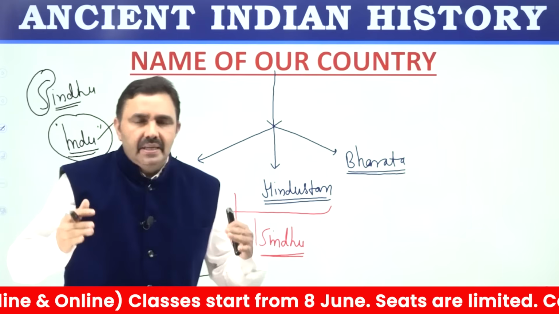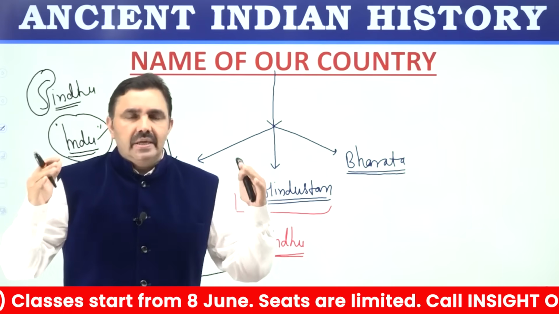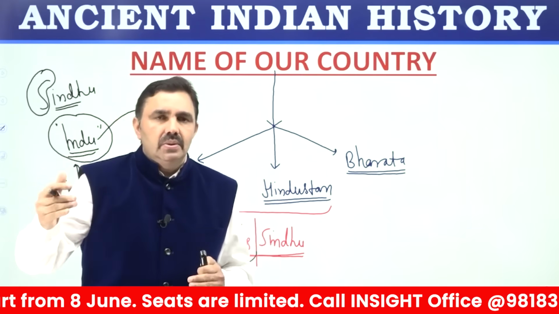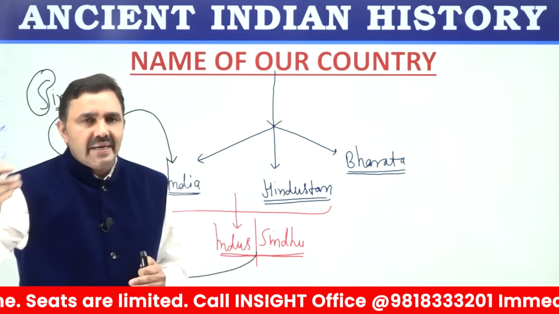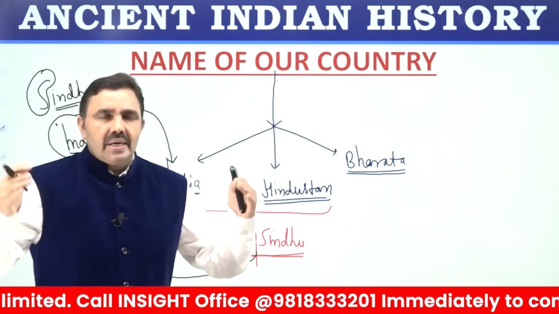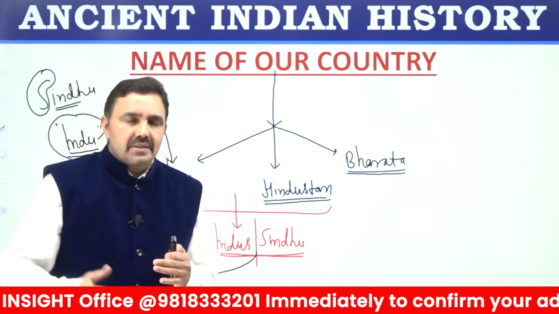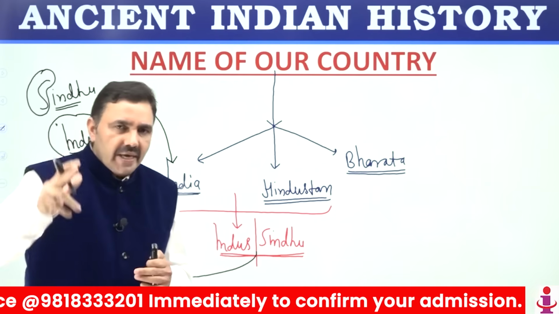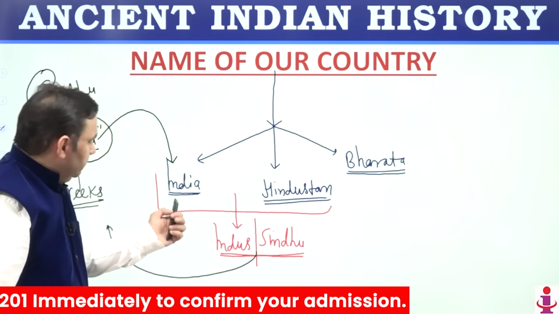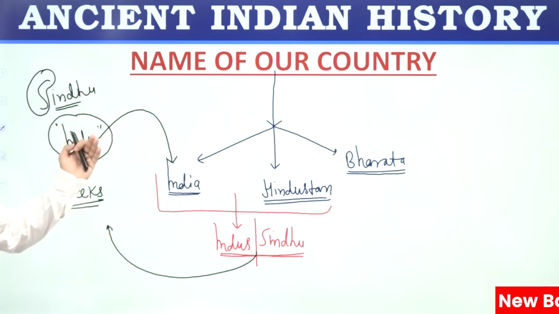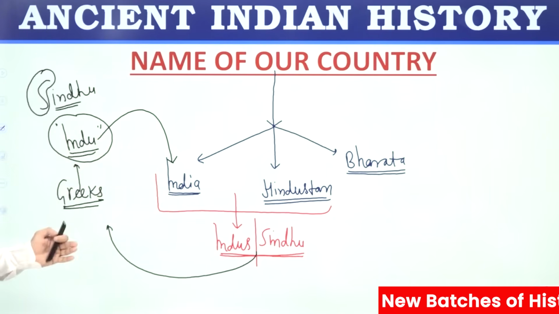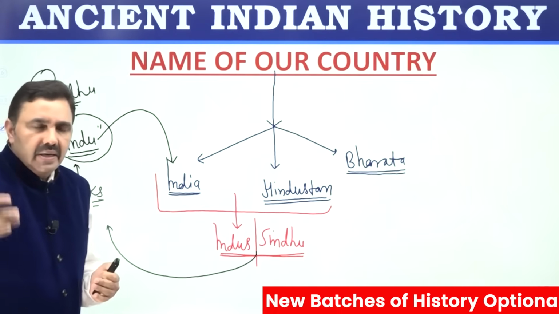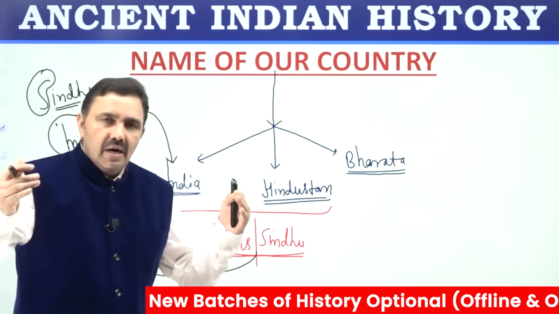So the people living in the region of river Indus or Sindhu were called as Indians. The land was called as India by Greeks. So who gave our country name India? Our country was named India by Greeks, or the Greeks gave India as the name to our country.